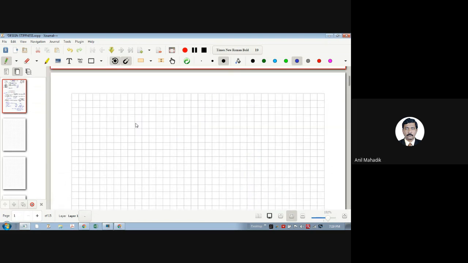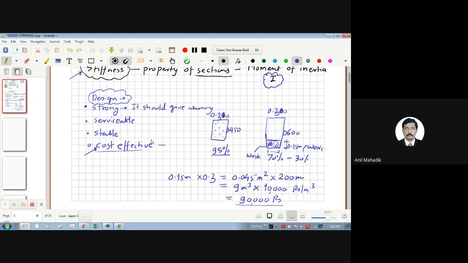So it should be cost effective first; if you are putting such additional material unnecessarily, the cost will increase and it is not a good design. Then it should be strong enough to take the stresses and it should give the warning before it fails. Then the deflection should be less than the permissible limits.